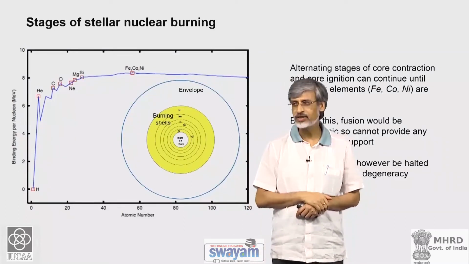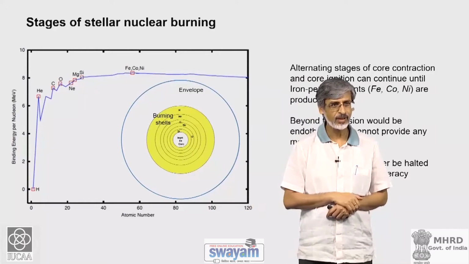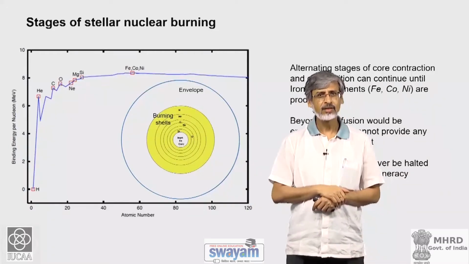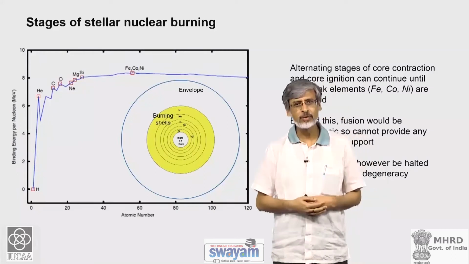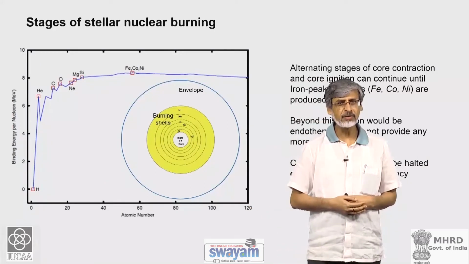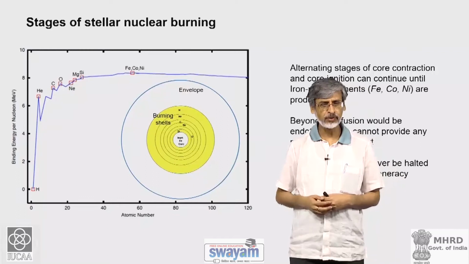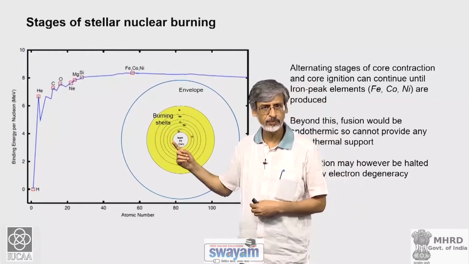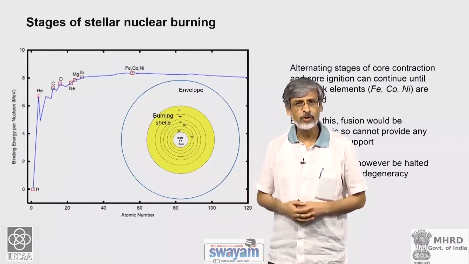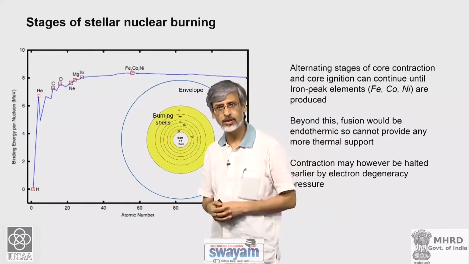That is no good in trying to support a star. So, in the stellar interior, various stages of nuclear burning will continue until iron is produced at the core. So, once iron is produced at the core, there will be no further nuclear fusion.